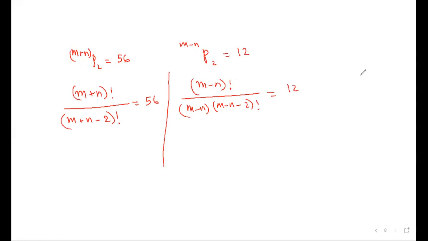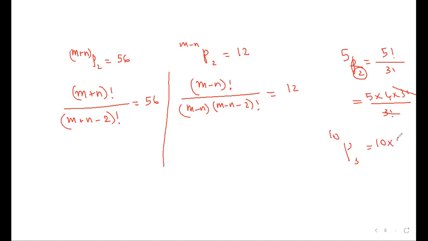Can anybody tell me the meaning of when I say 5P2? It means 5 factorial upon 3 factorial. Agreed? 5 into 4 into 3 factorial divided by 3 factorial. Can you tell me the meaning of this 2? Write two numbers as a product, starting from 5. Suppose I write 10P3. Write three numbers starting from 10.